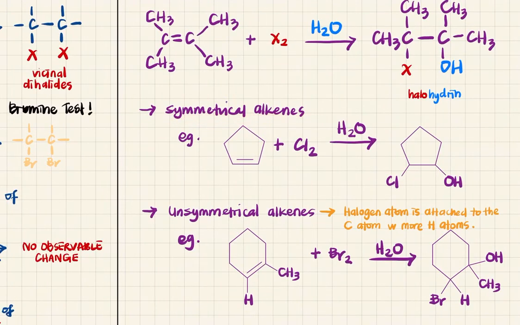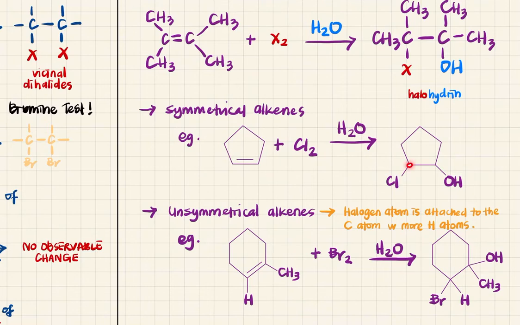Symmetrical means that if I cut it like this, the two halves are basically mirror images of each other. If we perform halogenation in water on this symmetrical alkene, you attach your Cl and OH at either carbon of the double bond.